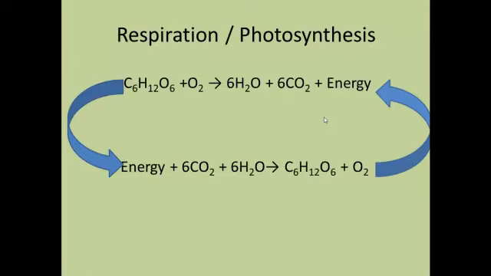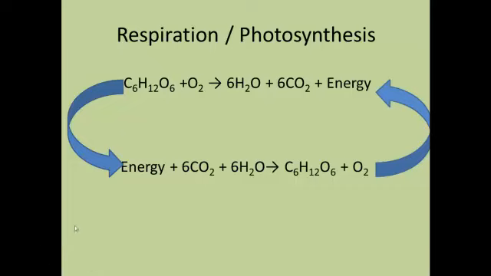This slide is what I want to use to try to show you the relationship between respiration and photosynthesis, how they do cycle into each other. It's not the best sort of representation. This boils down to the chemical equation for how an ecosystem functions.